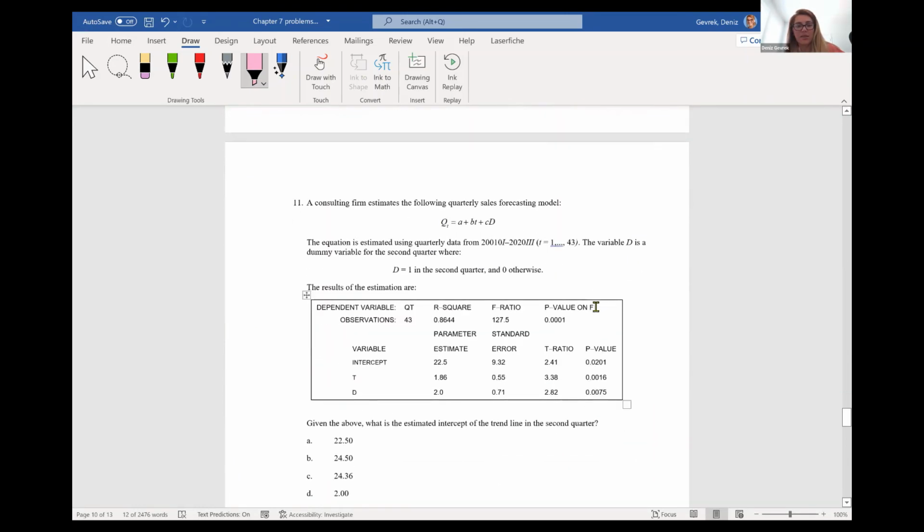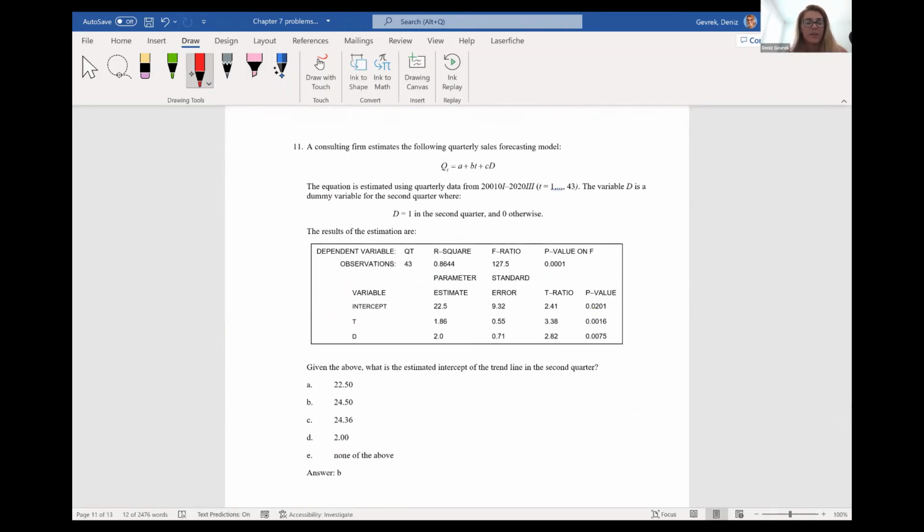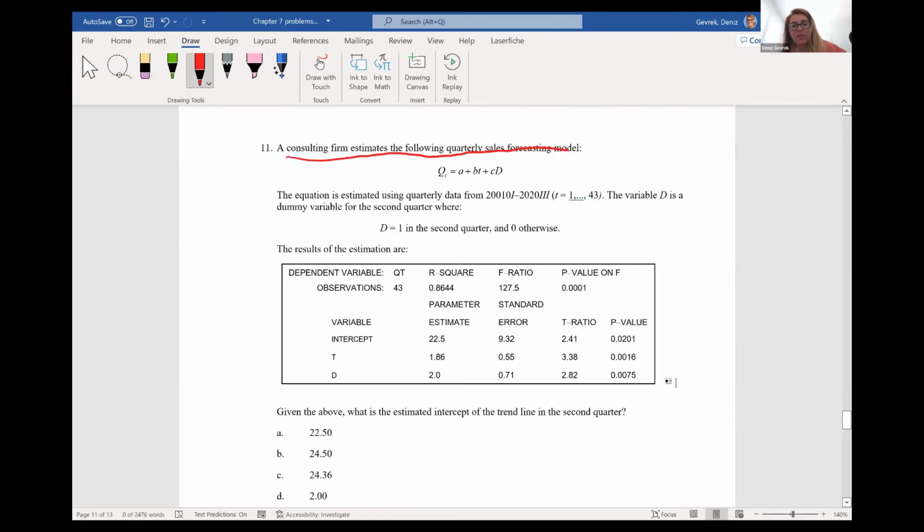Let's take a look at question 11. All right, let's read it. The consulting firm estimates the following quarterly sales forecasting model.